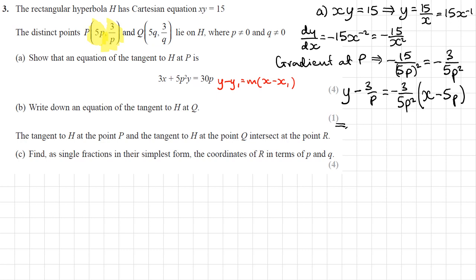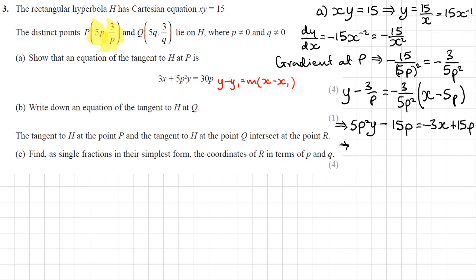I'm going to multiply the whole of this by 5p squared to get rid of the fraction. So I'll have 5p squared y minus 15p is equal to negative 3x plus 15p. And then just rearranging it, and that will give me the form that's required.